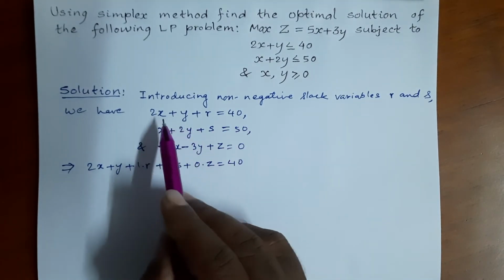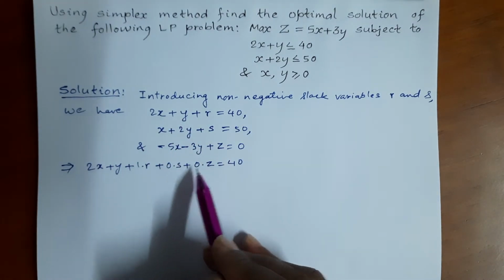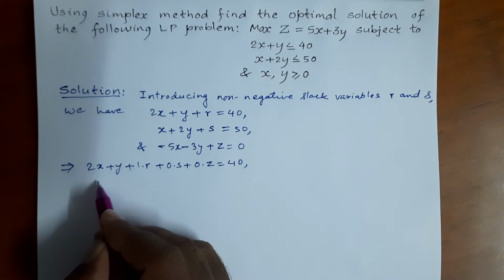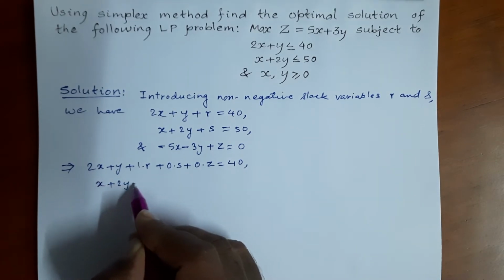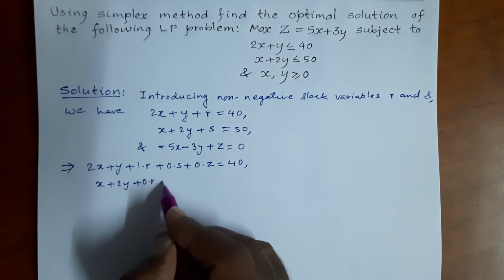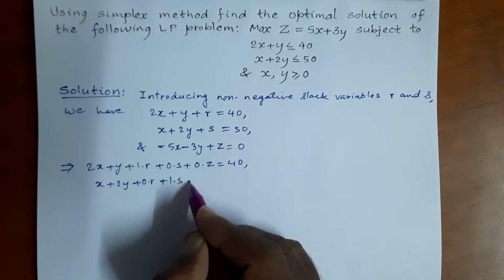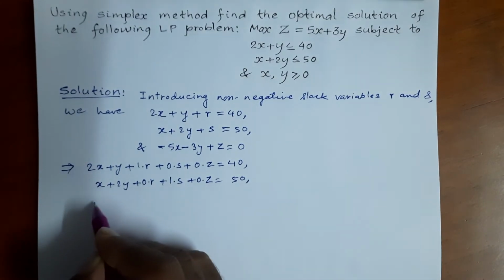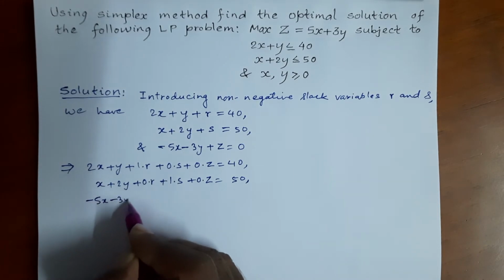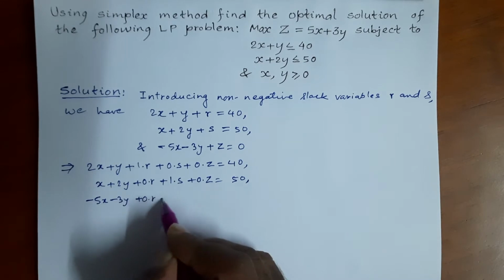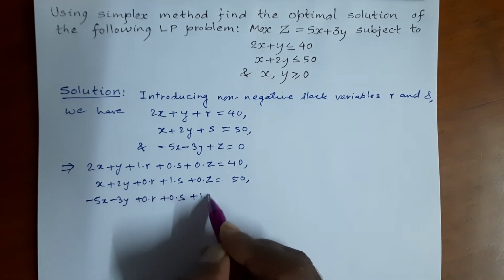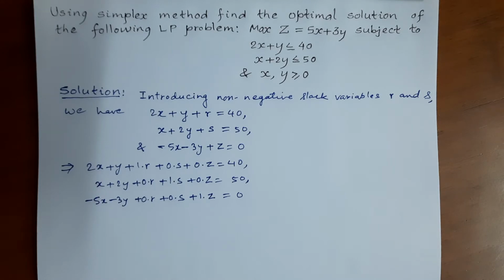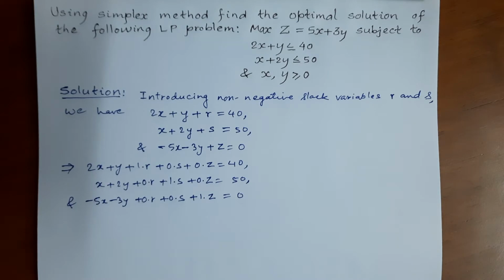In this first equation we have the variables x, y, r and no s and no z, so 0s, 0z equals 40. The second one we can write as x plus 2y plus 0r plus 1s plus 0z equals 50. And the third equation we can write as minus 5x minus 3y plus 0r plus 0s plus 1z equals 0. In this way we can write these three given equations.